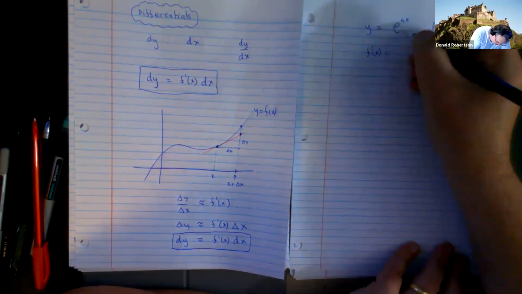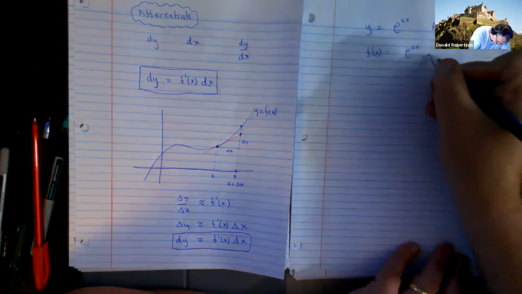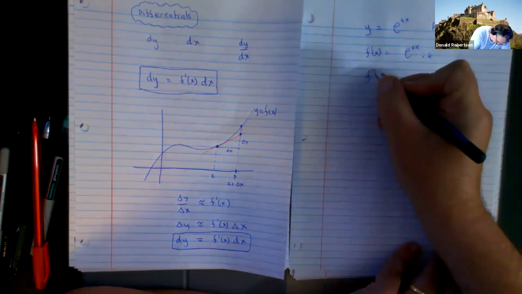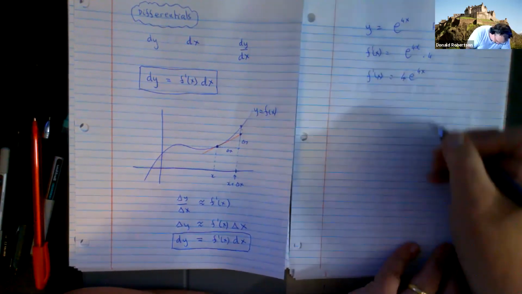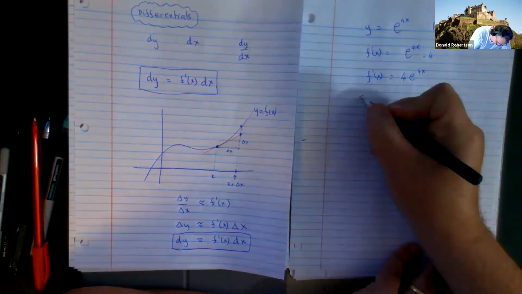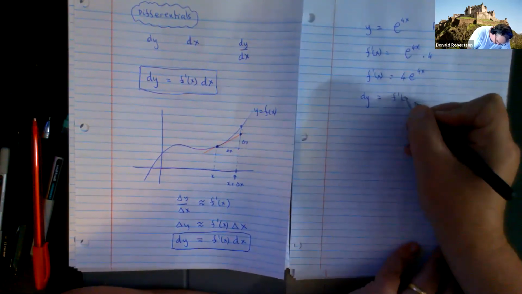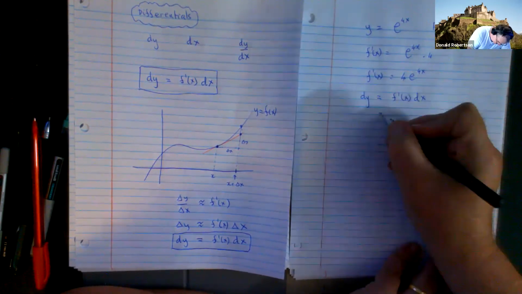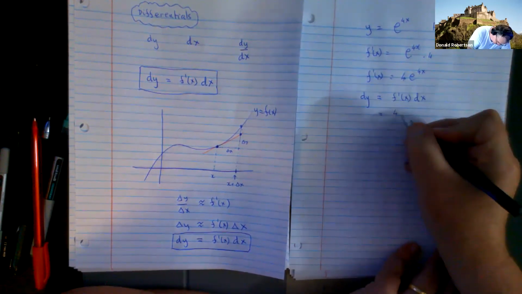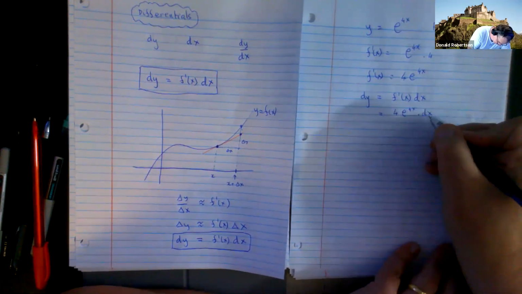And hopefully you recognize this as a chain rule, e to the 4x times 4. Is that okay? So the differential dy, which is f dashed x dx, is 4e to the 4x dx.